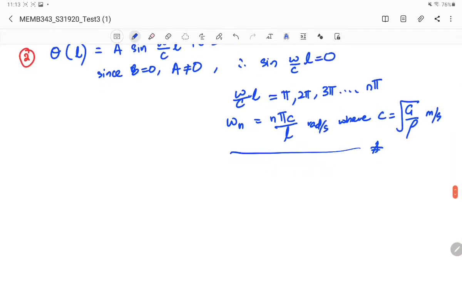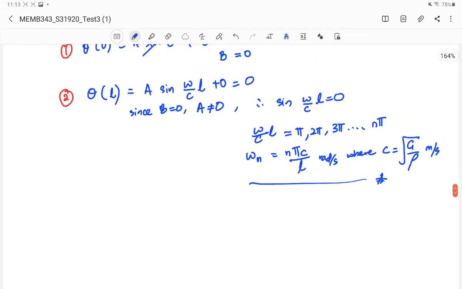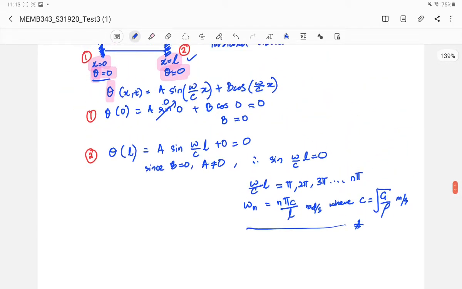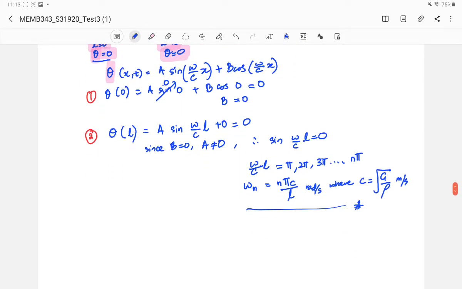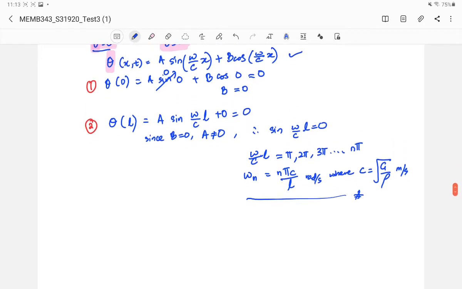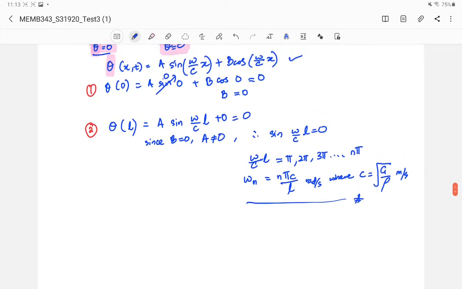Then they ask you to get the mode shapes. So how do you define the mode shapes? You go back to the general equation. From the general equation you can write your mode shapes. We know that your b is equal to 0, so you just write back from the general equation with b equal to 0.